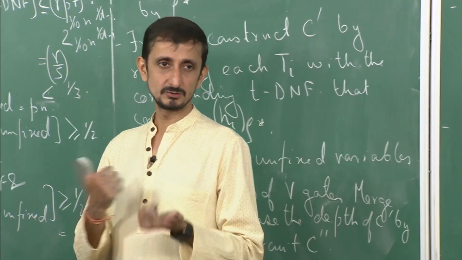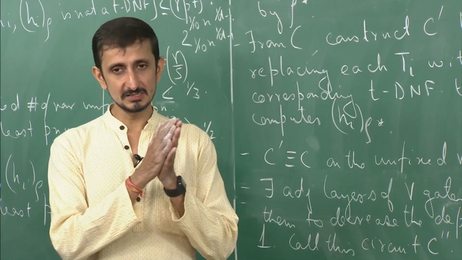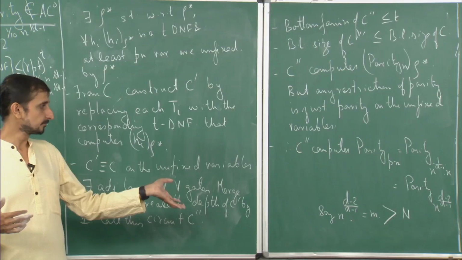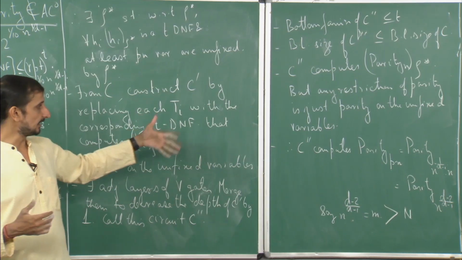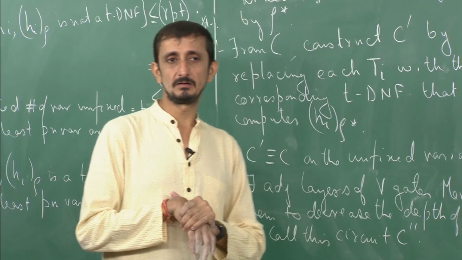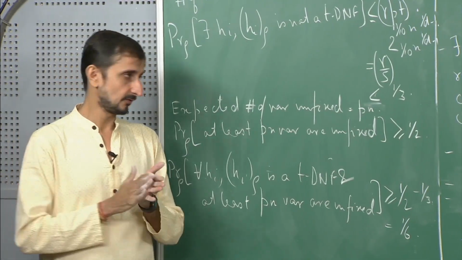So, that depends on my choice of probability. And then we argue that the parity of those unfixed variables is still a parity function, and therefore, I get a contradiction to the fact that it was true for d minus 1. Okay.